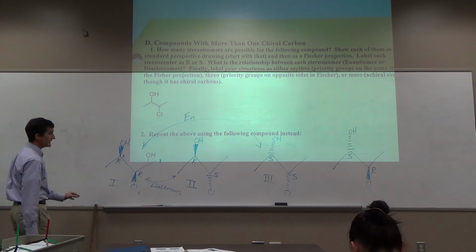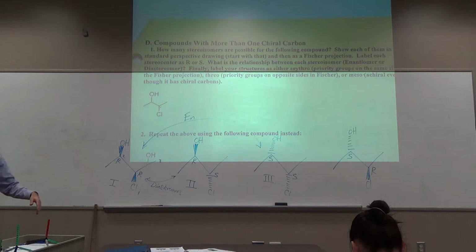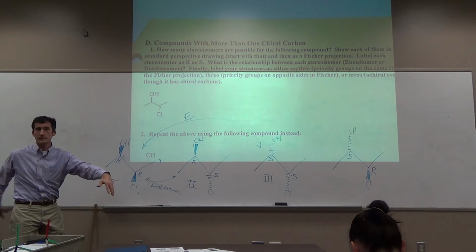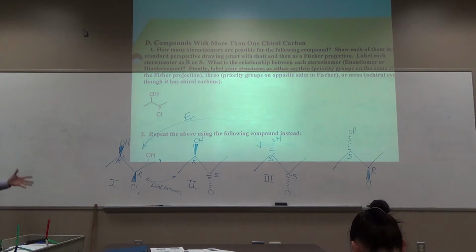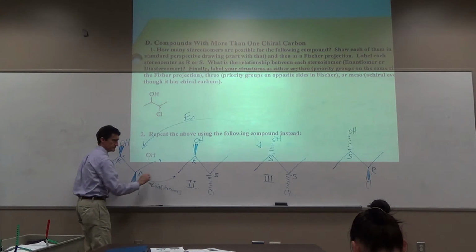I mean, they have the same connectivity, but it's like a person with two arms like this, and then a person with the other arm always like this. That person just can't do what this person can do. Diastereomers have totally different properties.